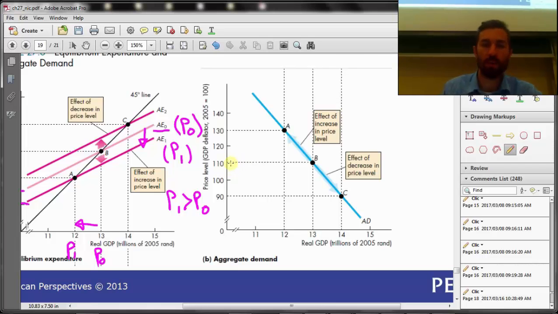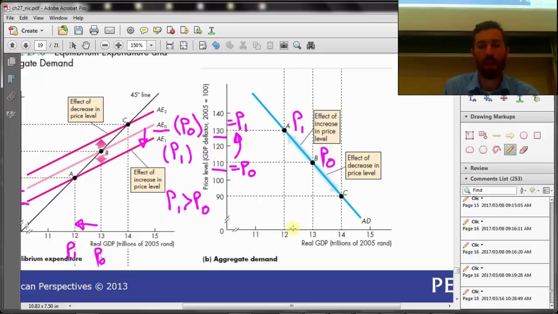So if we therefore plot the level of output that is demanded as the price level changes, what we've said here was, for example, at point B, if point B corresponds to price level P0, so we're saying that essentially this price level 110 equals P0. When our price level increases, okay, so our price level increases to say 130, and we say 130 is equal to P1, we move from a point like point B to point A. So point A here is at P1.